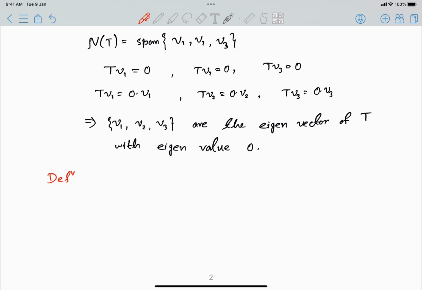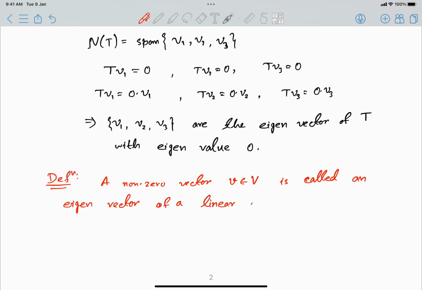A non-zero vector v in the vector space V is called an eigenvector of a linear operator T with eigenvalue lambda if Tv equals lambda v. It will satisfy this.